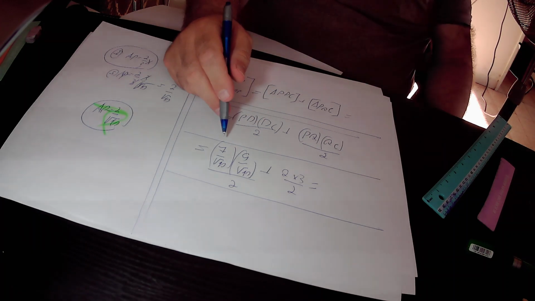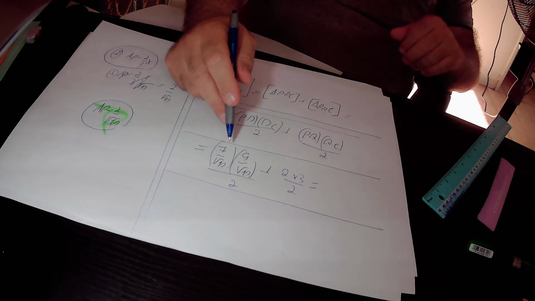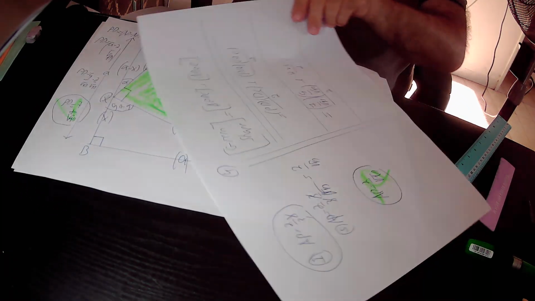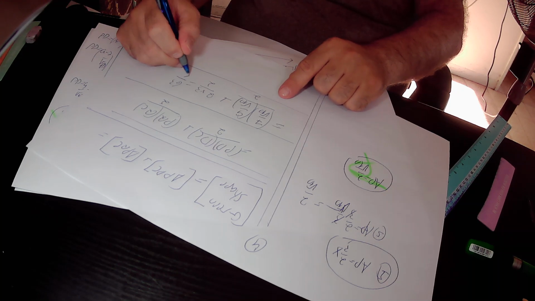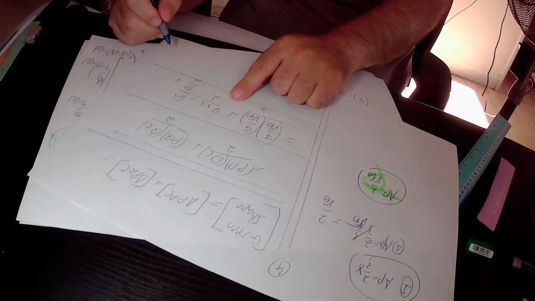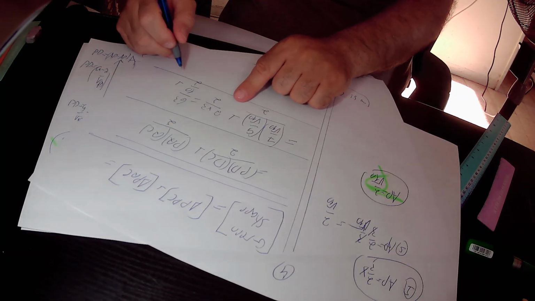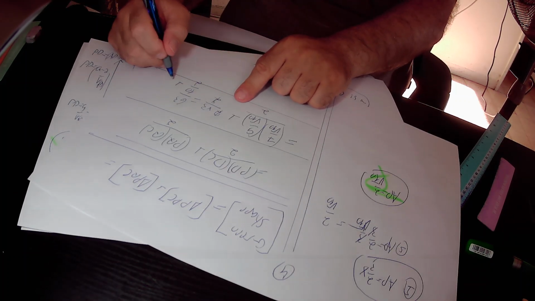So this expression equals 63 over 10 over 2, plus 2 times 3 over 2. 2 over 2 is 1, so we are left only with 3.